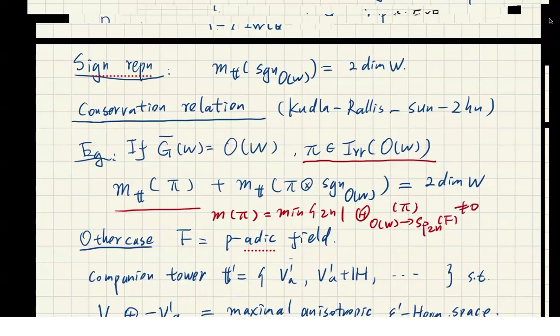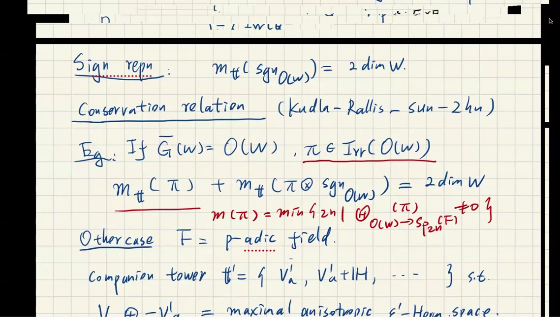So this is the minimal 2n such that the theta lift of pi to Sp(2n, F), or the metaplectic group, is nonzero.